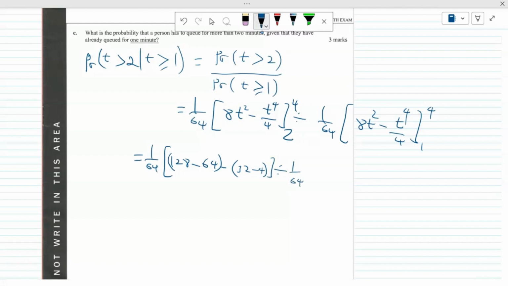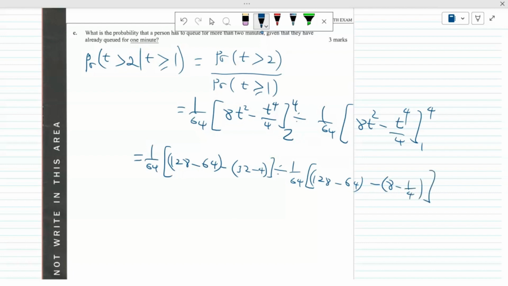1 over 64. So that's going to be, again, the same thing again. That's going to be 128, so we just have to look at what is in common. That's going to be another 64 again, that bit there, minus, if you substitute 1 there, that's going to be 8 minus a quarter.